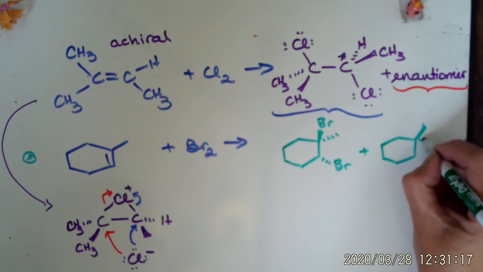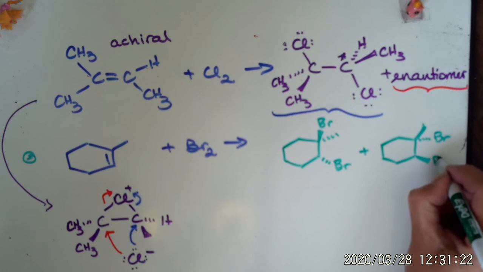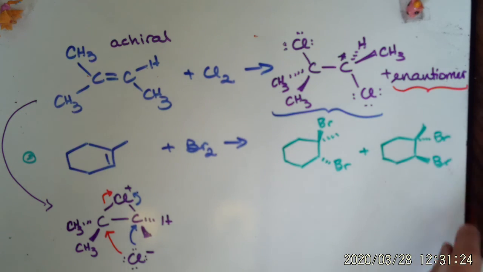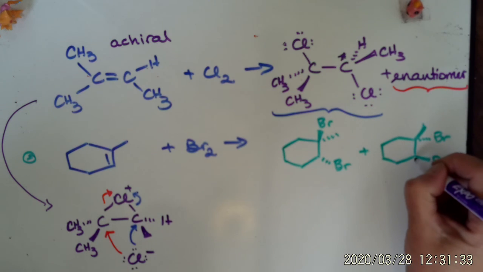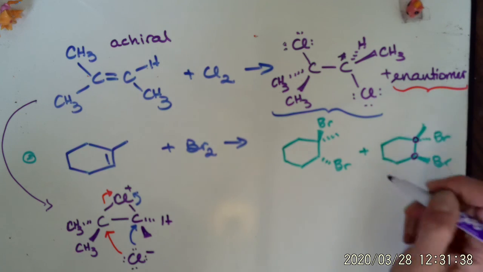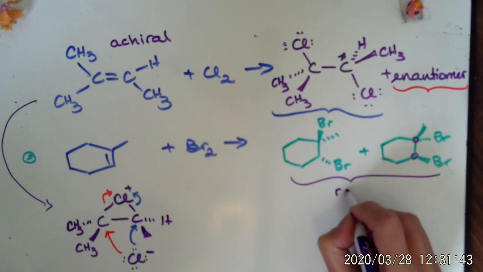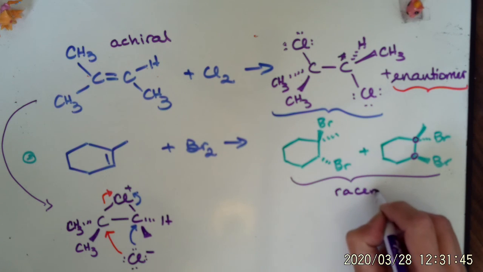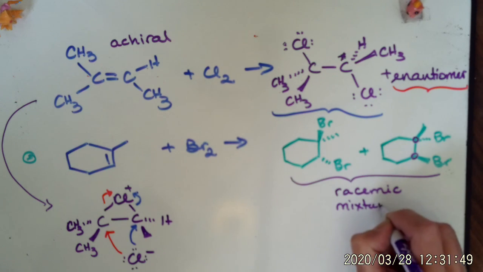The methyl group is above, bromine is in the opposite orientation. Okay, so chiral center here, chiral center there. Okay, and you are forming a racemic mixture because they are enantiomers to each other.